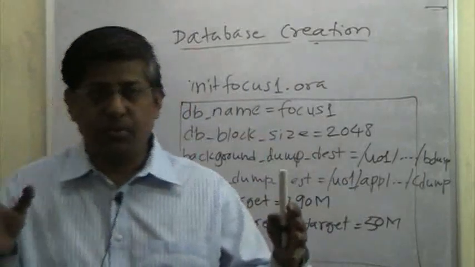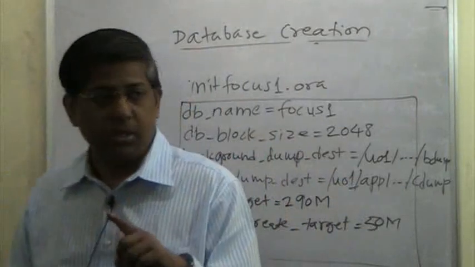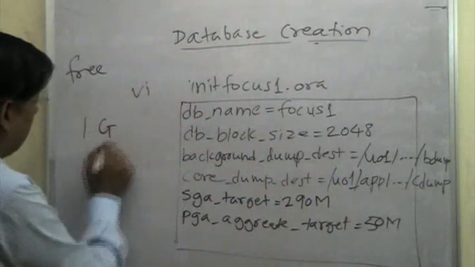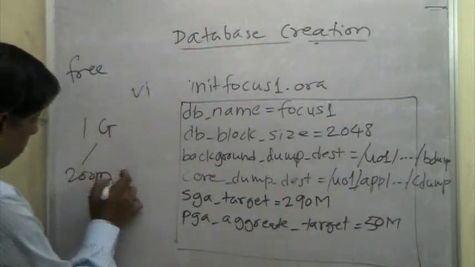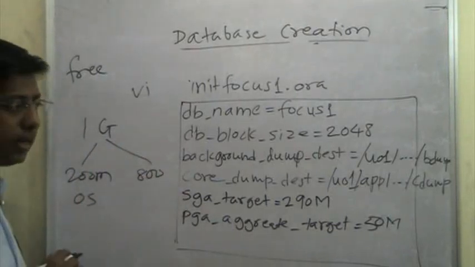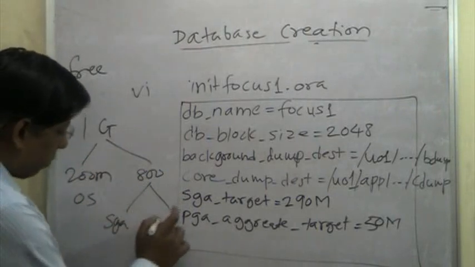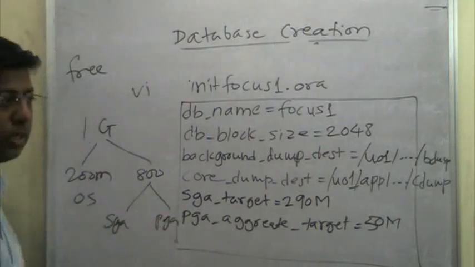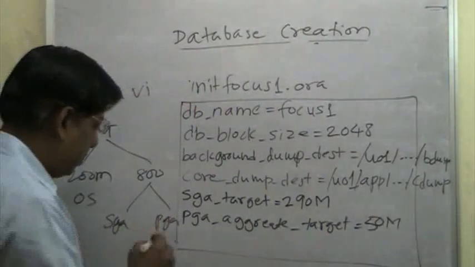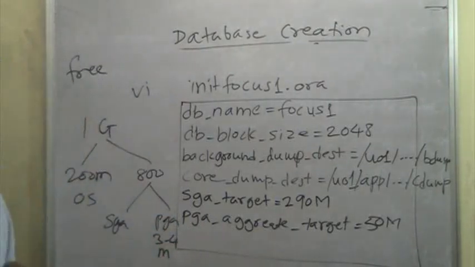So once you have found out it is 1 gigabyte, and if you are going to run only one database instance on that machine, then out of 1 gigabyte, 200 meg is gone to the OS, so the remaining is 800 megabytes. So I can decide now, out of this, what I am going to use for the SGA and what for the PGA. Usually the rule of thumb is around 3 to 4 megabytes of PGA per user.